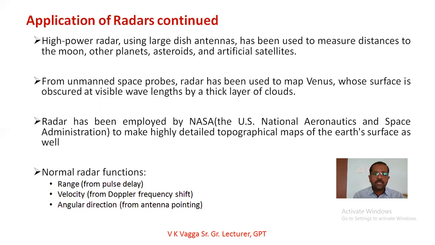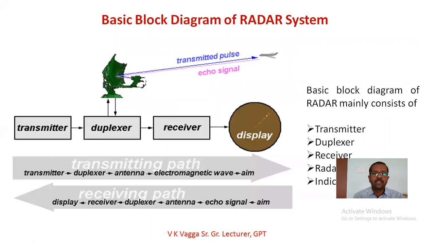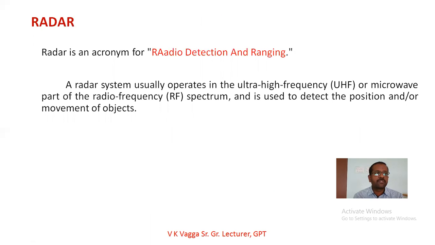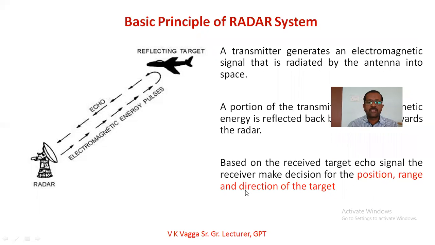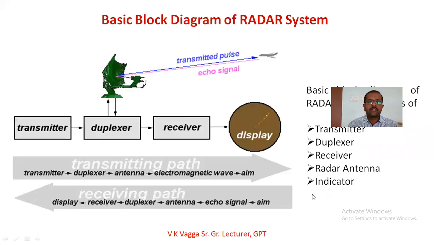Okay, so in this class I have explained the definition of the radar. It's radio detection and ranging, and it operates with ultra high frequency. The basic principle of the radar is that it sends one signal, which is reflected back, and based on that it can measure the position, range and direction.